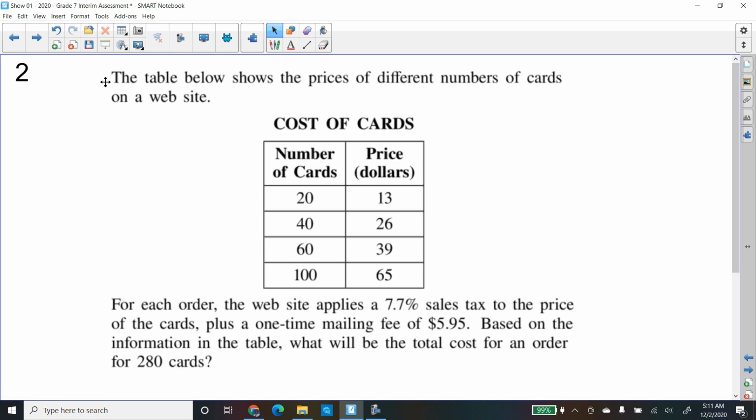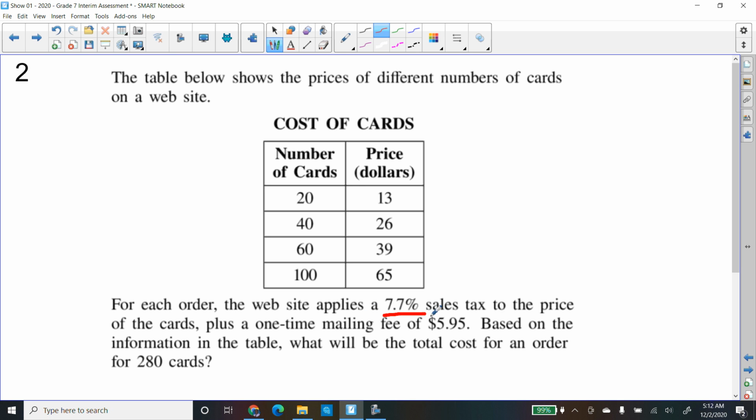Here's an interesting question. We have a table. It shows the prices of different numbers of cards on a website. So cost of cards, number of cards in the left column, and in the right-hand column, price in dollars. For each order, the website applies a 7.7% sales tax. So we've got a sales tax going on here.